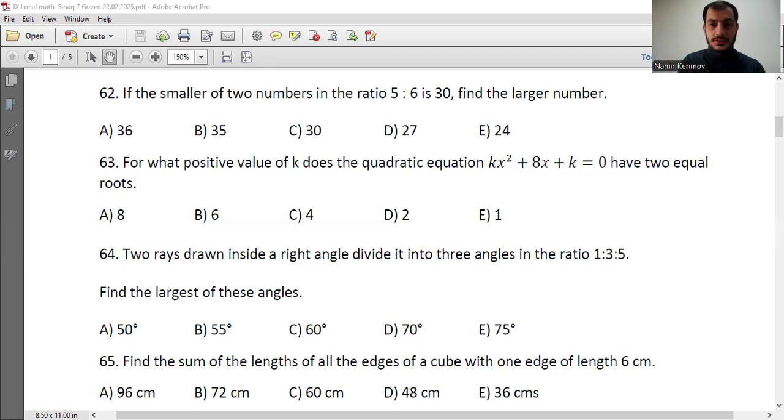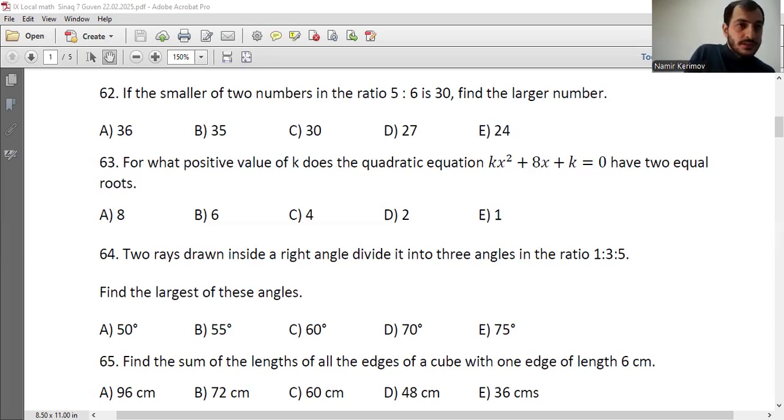They are equivalent fractions. That will be 36, 6 times 6. Again, you can find it by using cross product. That will be 5x equals 180. And then you just divide both sides by 5. That will be 36 again.